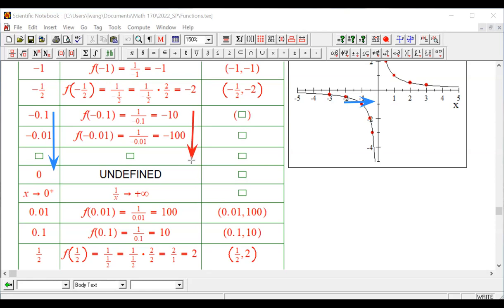So you see the points. The output goes from -10 and keeps going, approaching negative infinity as we get closer and closer. You see that dynamic process is approaching negative infinity. So these two points are when the input is -0.1, the output is -10.